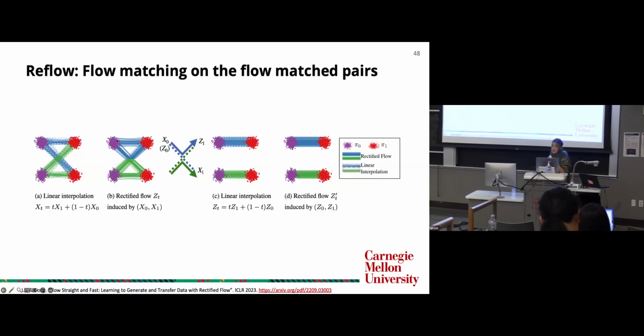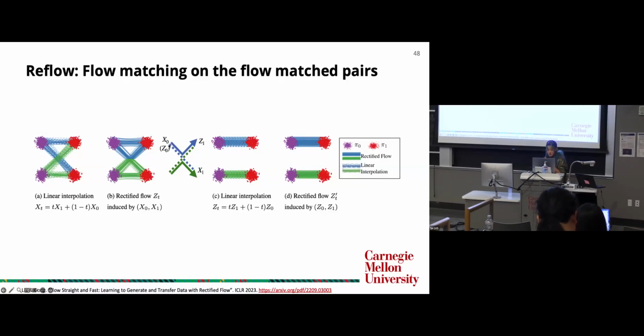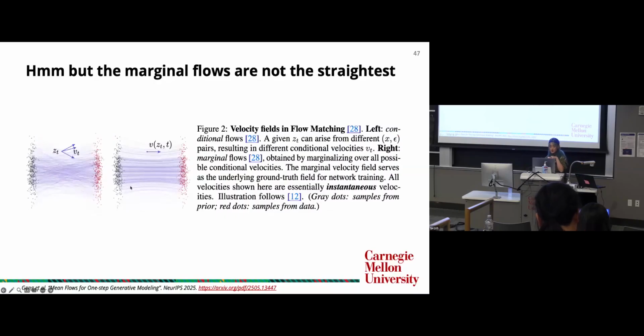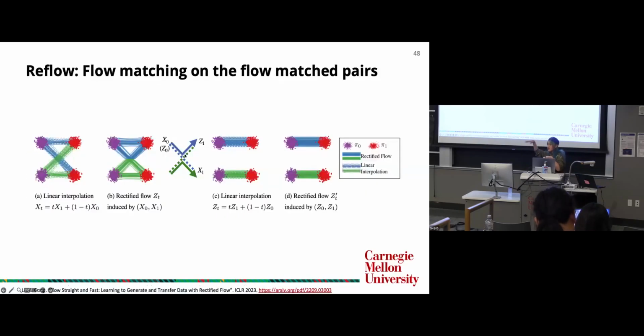The third image is the linear interpolation of the new coupling. What is that showing? This just shows you the marginal. Remember how you have a concentration in the middle, a dip? It's the same thing here.